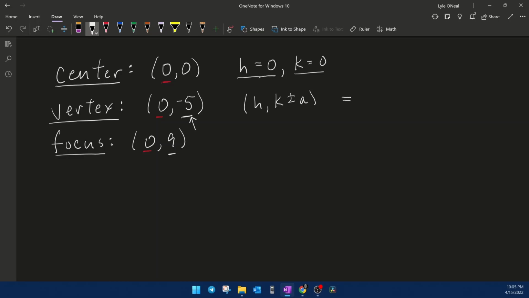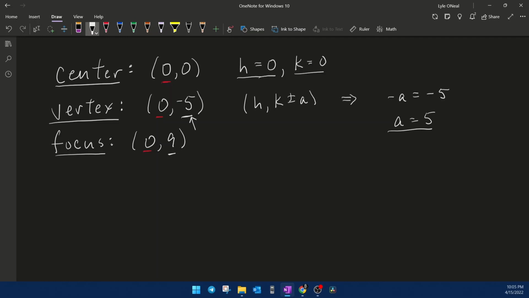And so what can we conclude? Well, we can get from that k minus a must be -5, but we know that k is 0. So replacing k with 0 will allow me to solve for a, giving us a is 5.